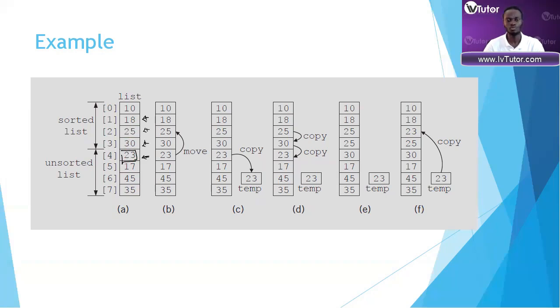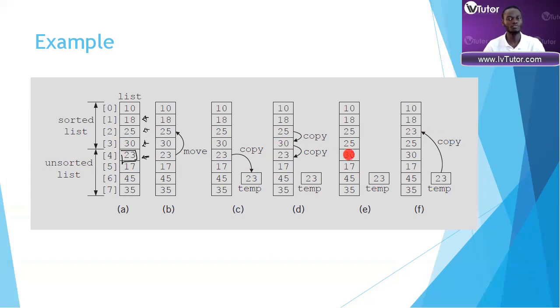So you pretty much have to move 23 until it gets here, and all the other items shift to the right. But the way the actual algorithm works is you simply copy 23, then you move 30 to here, then you move 25 to here, and then you move 23 to there.